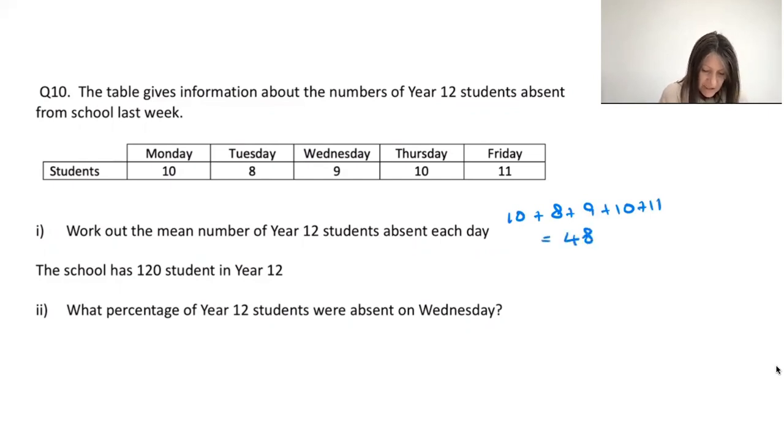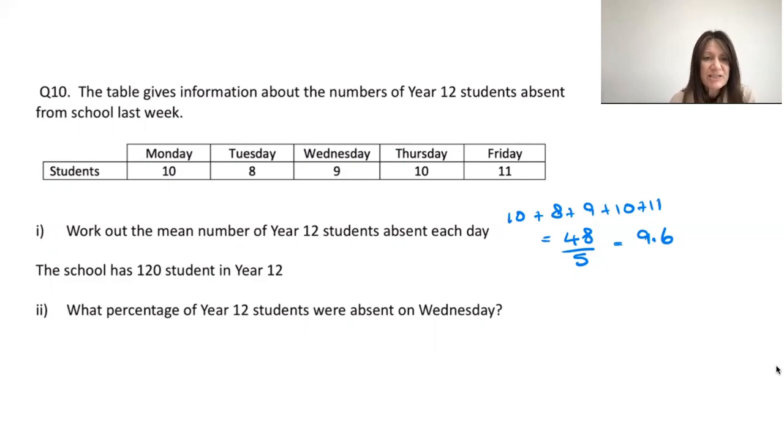So there was a total number of 48 absent across the 5 days. Divide by 5, and that gave us an average of 9.6 across the week. Don't round. I know it's tempting to because you can't get 0.6 of a person, but the mean is something that you wouldn't round for because they're not wanting a person answer particularly. A mean answer is really what they're after there.